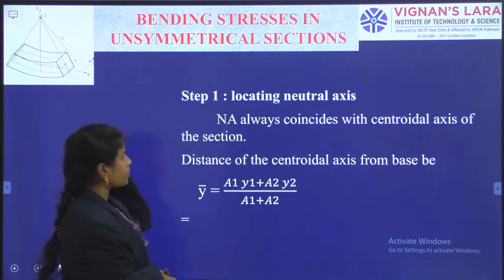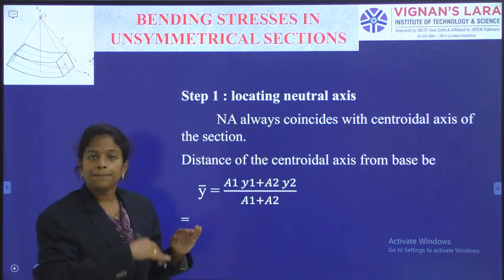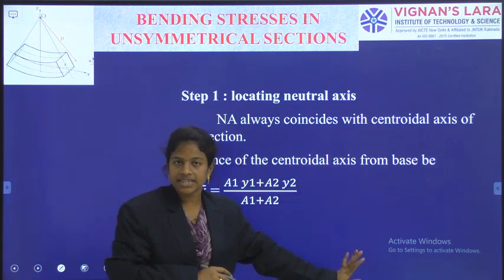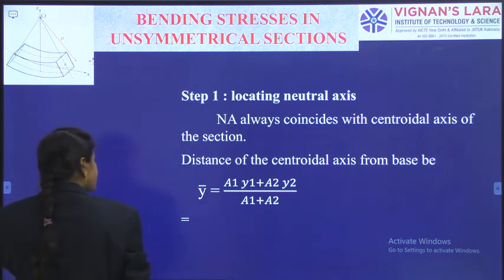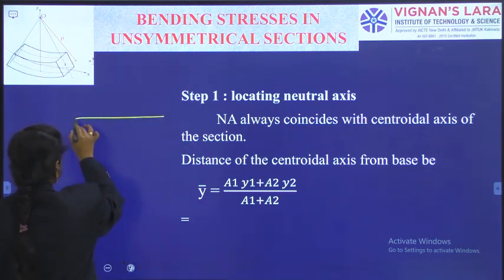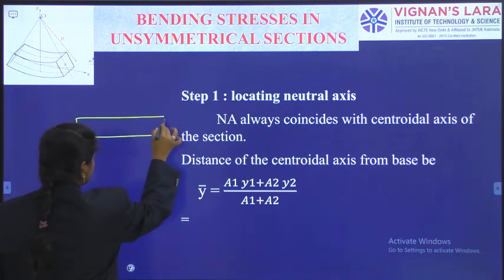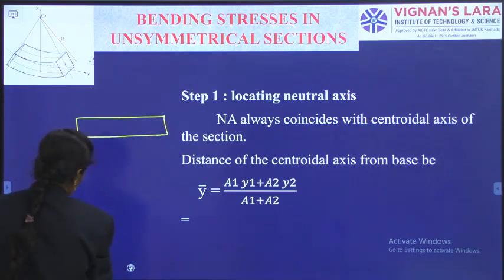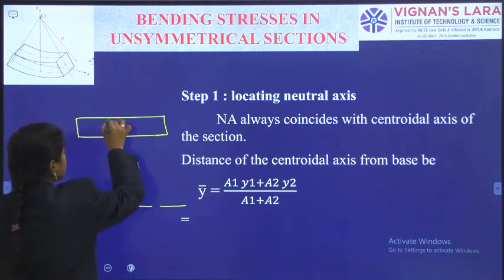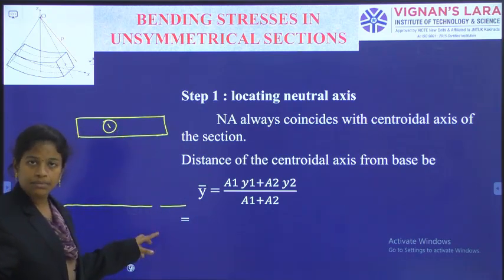Okay, now we are writing from the base level. I am measuring the distance of the centroidal axis from the bottom or base, as this is the baseline reference. I am taking this portion as 1 and the vertical member as 2.